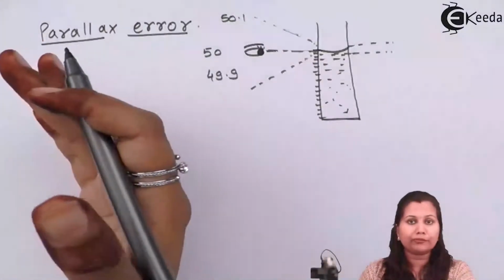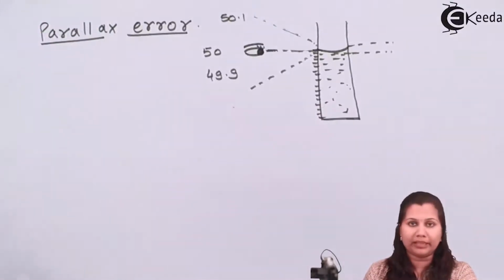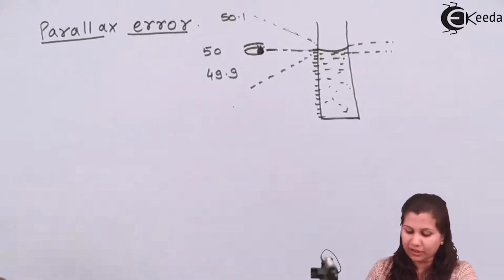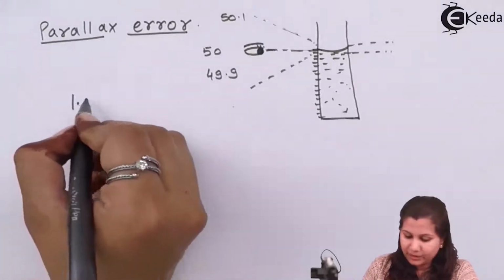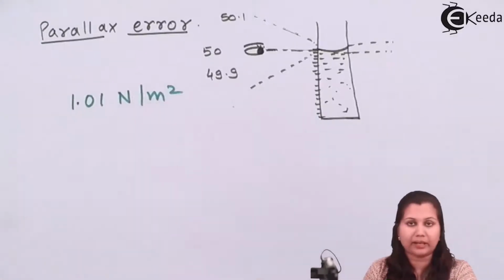Another example of gross error is like suppose the operator is measuring the pressure from the pressure gauge, and the reading is 1.01 Newton per meter square. Okay, he has read that it is the pressure in the gauge.